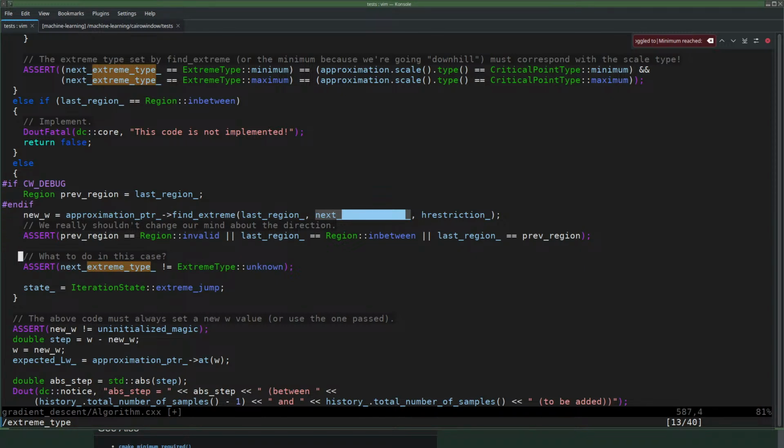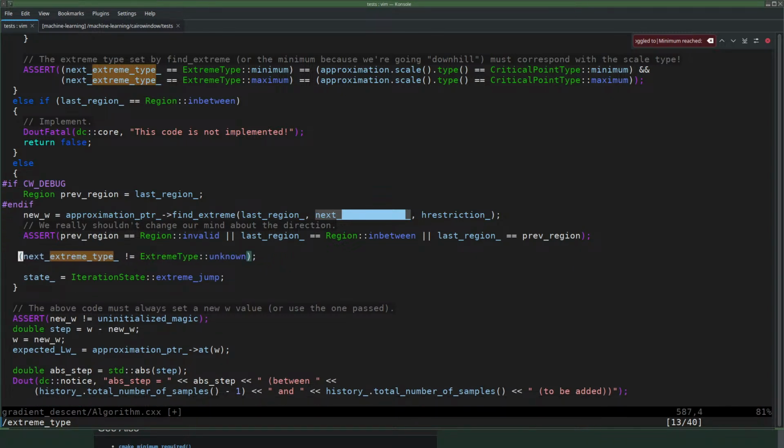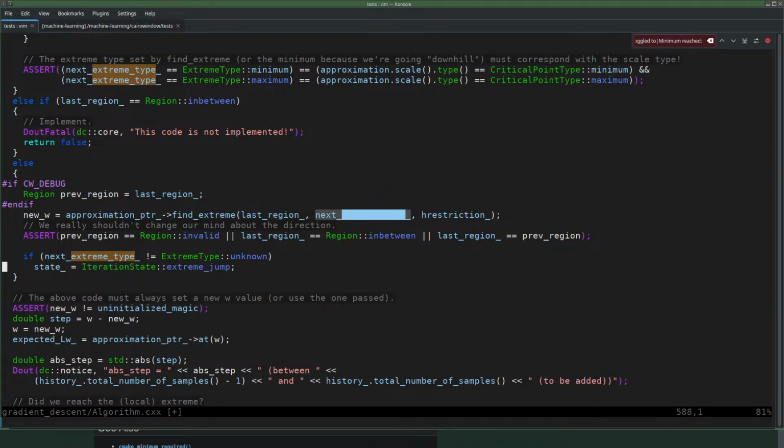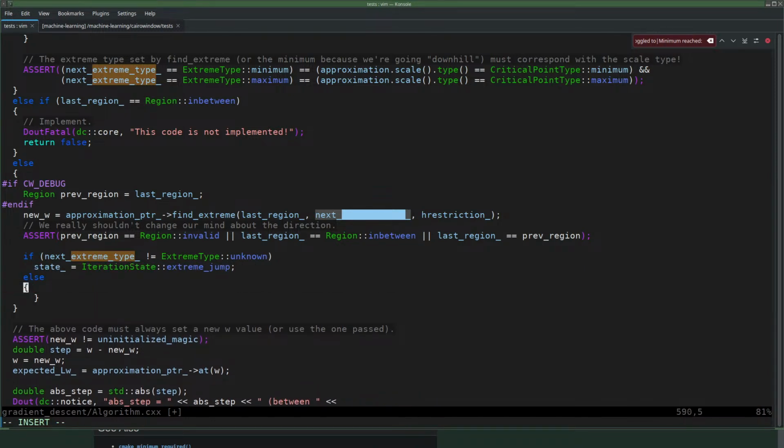So maybe you can do something like: if next extreme type is unequal unknown, then do that, otherwise do something else.